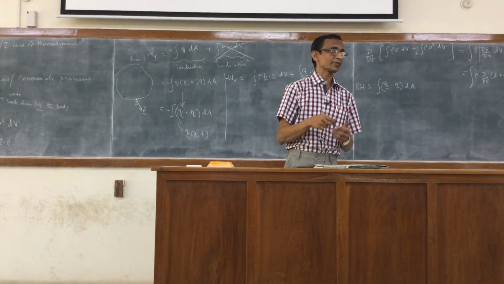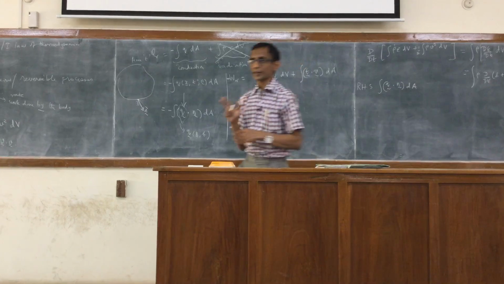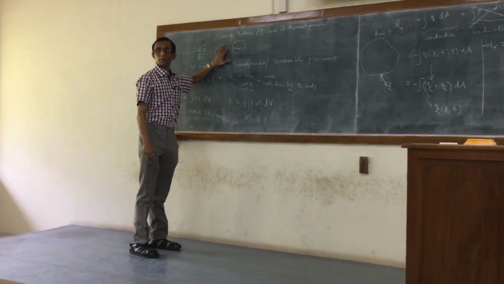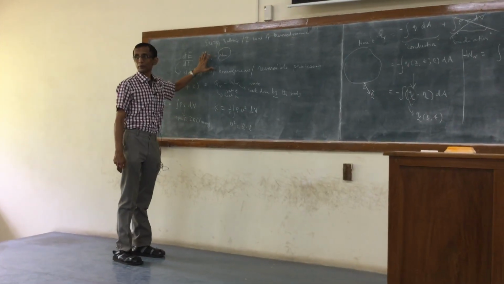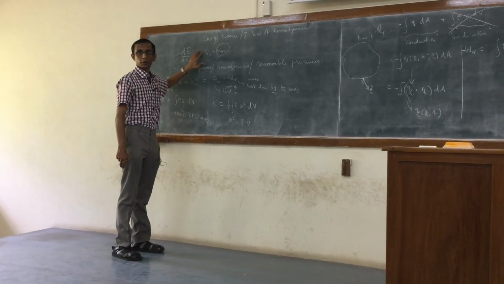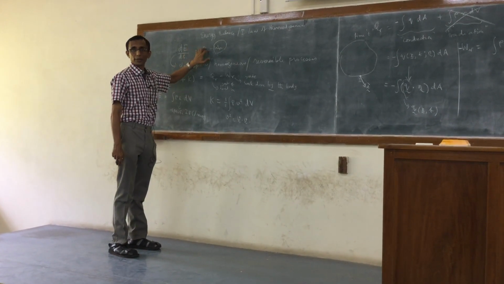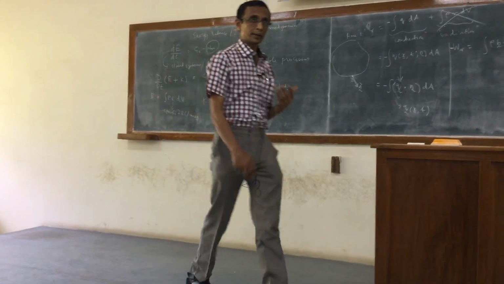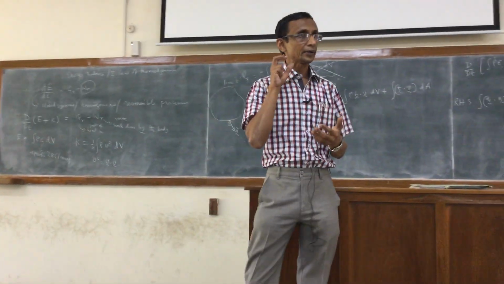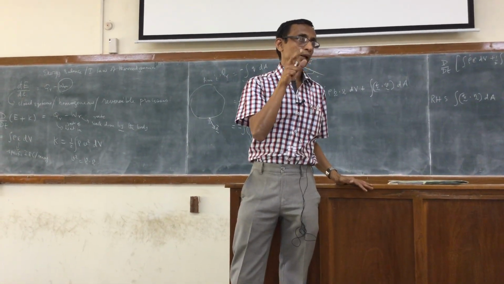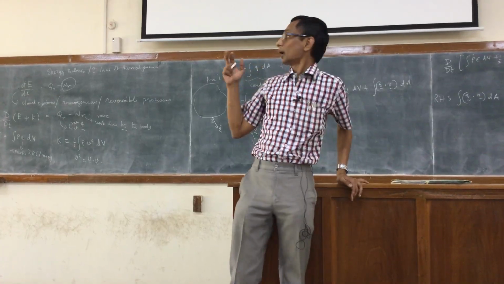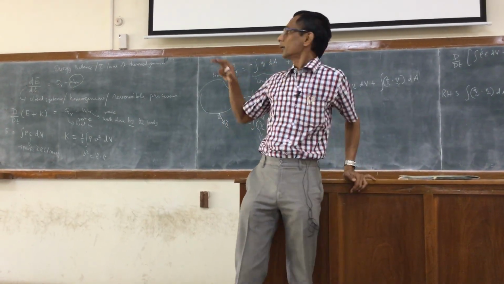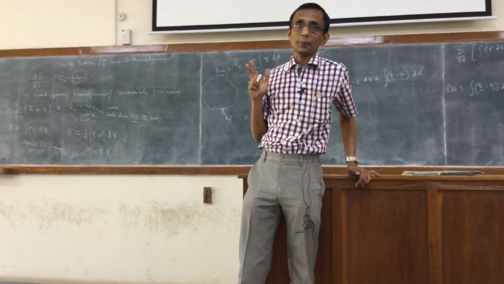So I have to put a negative sign to account for the fact that there's a sign convention in the first law. All of you are aware of it. Depending on the sign convention, it will depend whether you are writing Q minus W or Q plus W or minus Q minus W or minus Q plus W. When you take the rate QR as the net rate of heat into the body, and WR to be the net rate of work done by the body, then I can write this QR minus WR.